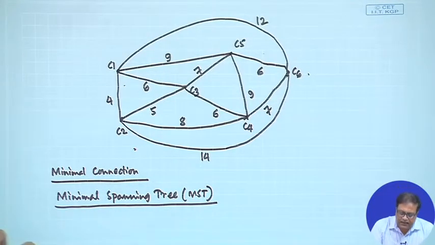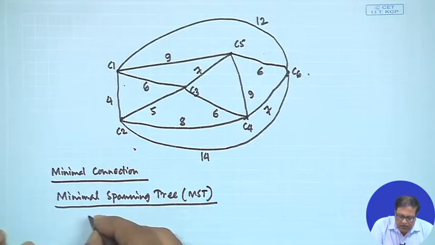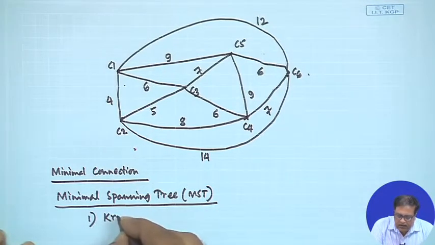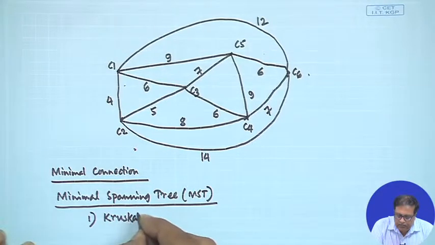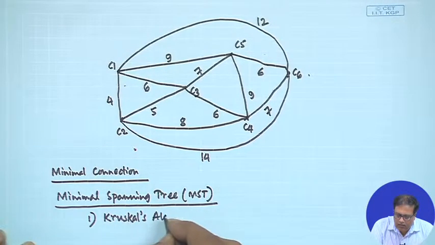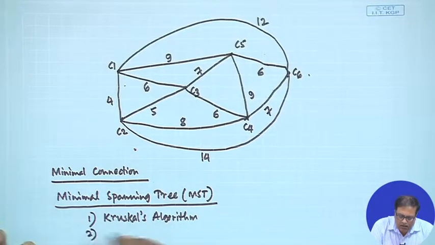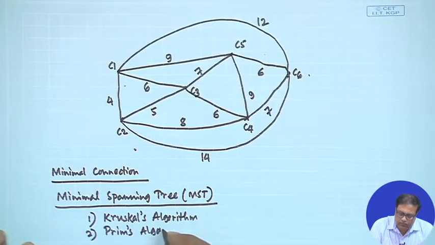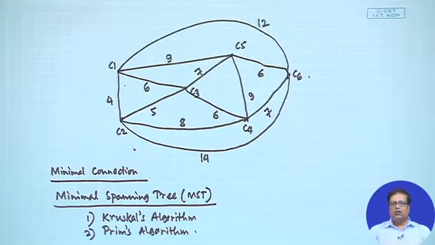There are two methods. What are the two methods? One is called Kruskals algorithm, and the other one is called Prim's algorithm. So, there are two methods, one is called Kruskals algorithm and the other is called Prim's algorithm, by which we can find out the minimal spanning tree.